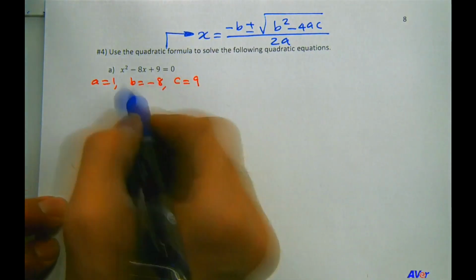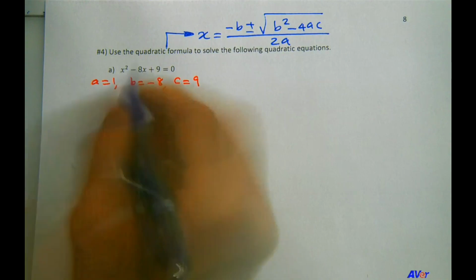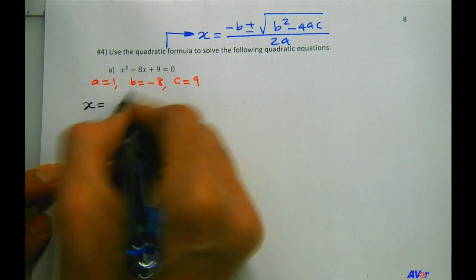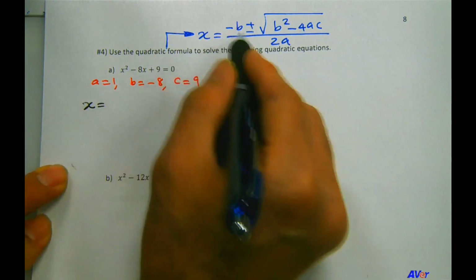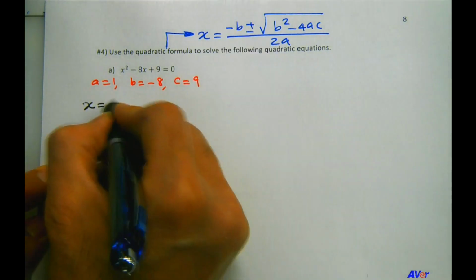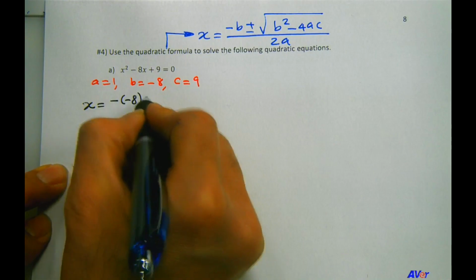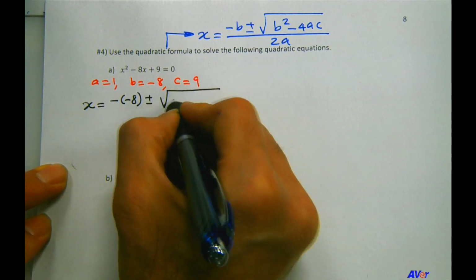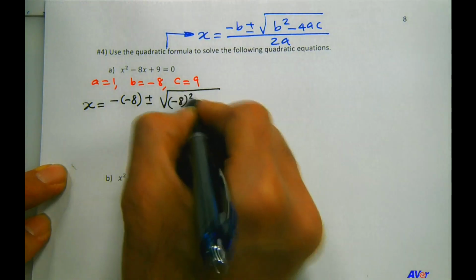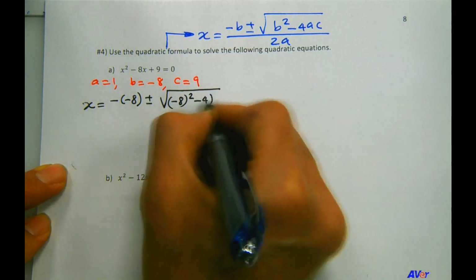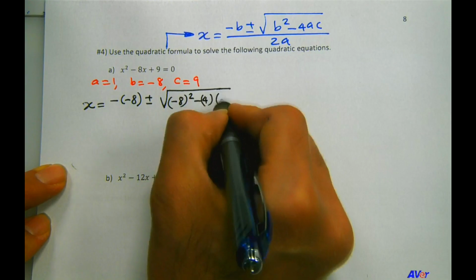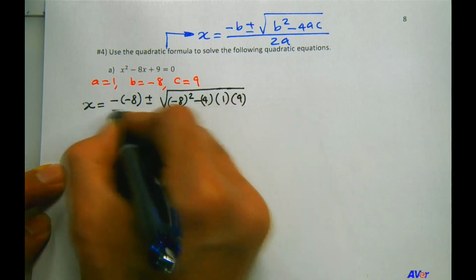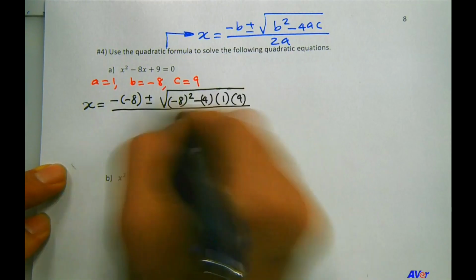So applying the quadratic formula, we have x equals minus b, right? Applying that. So minus minus 8 plus or minus square root of b squared minus 4 times 1 times 9 over 2a.